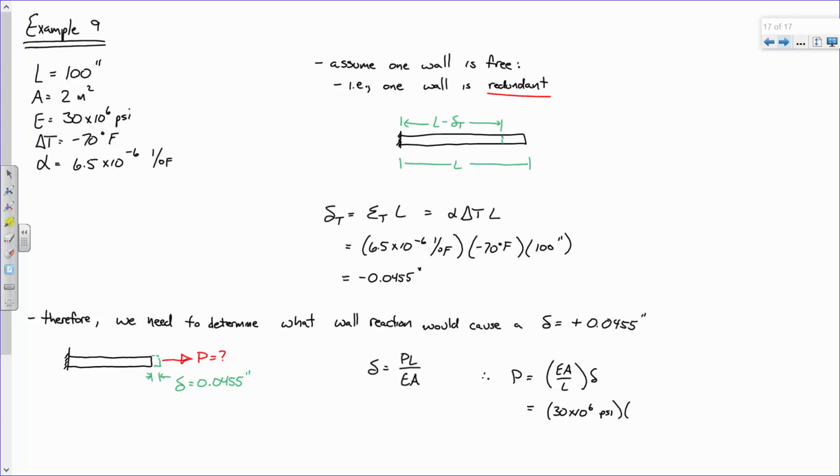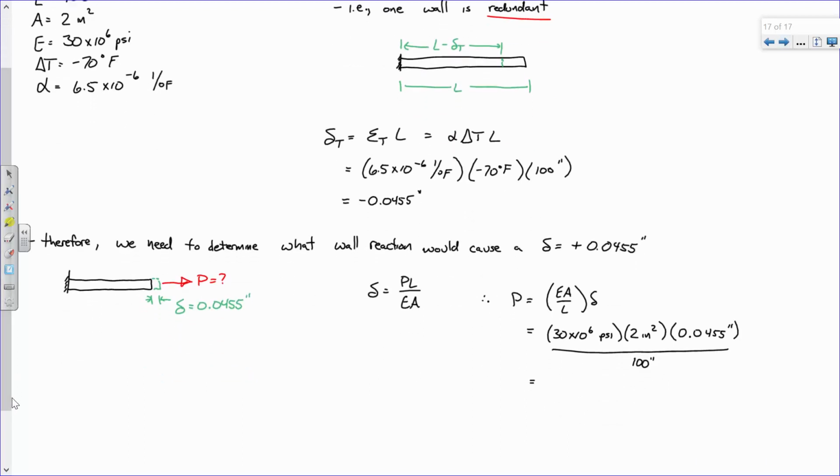A is 2 square inches. Delta is 0.0455 inches. And then over an L of 100 inches. Everybody got a number? 27,300 pounds. Remember, it's a P, it's a force.